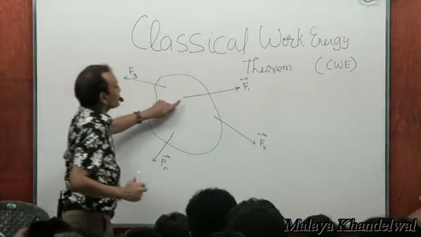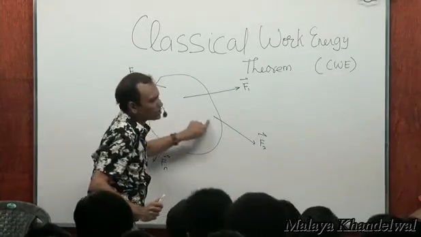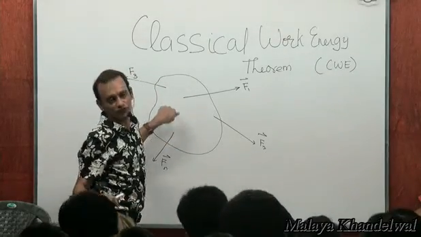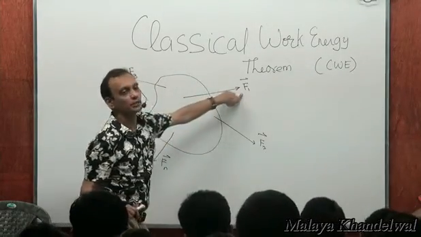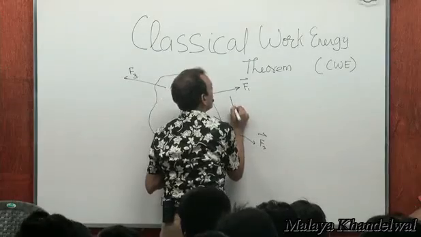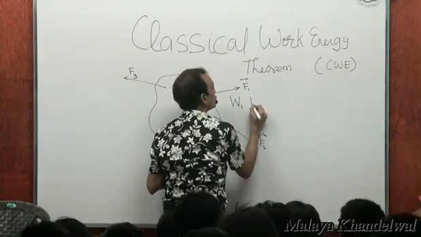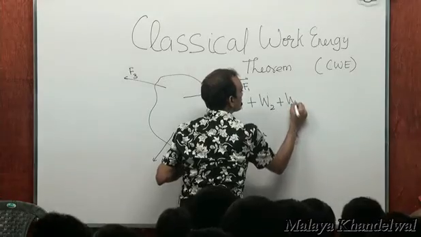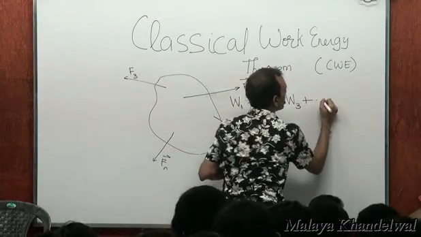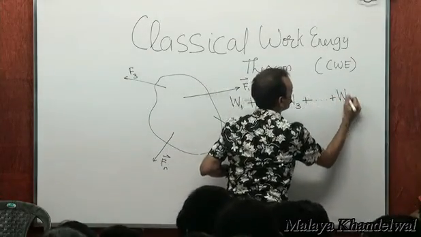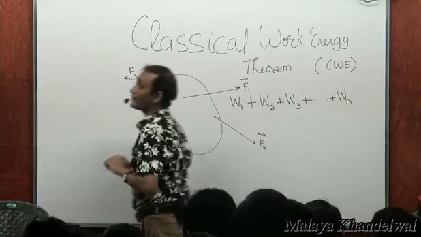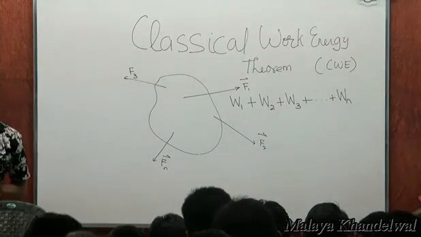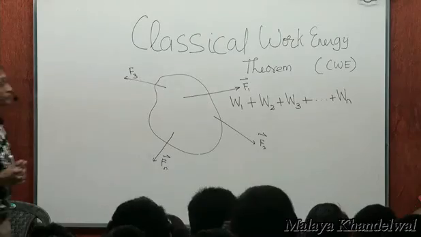Based on the displacement of the point of application of each of these forces, we could calculate the work done by each force, right? Let's say the work done by F1 was W1, the work done by F2 was W2, the work done by F3 was W3, the work done by Fn, let's say, was Wn. This is the work done by all the forces acting on the particle or the system of particles, right?